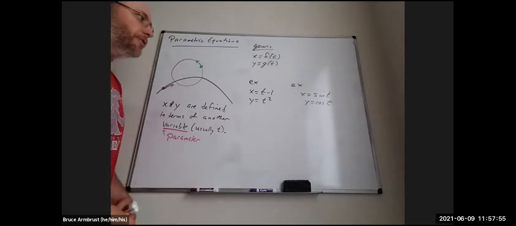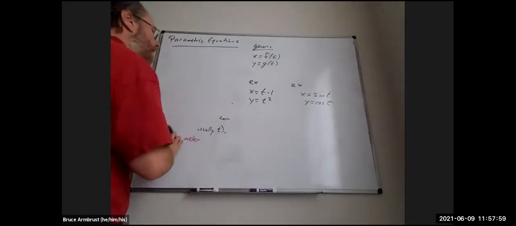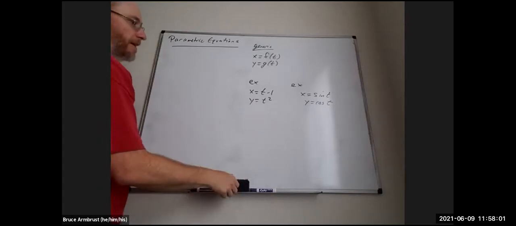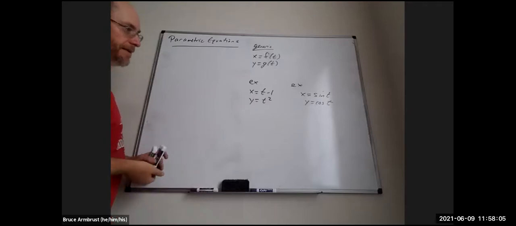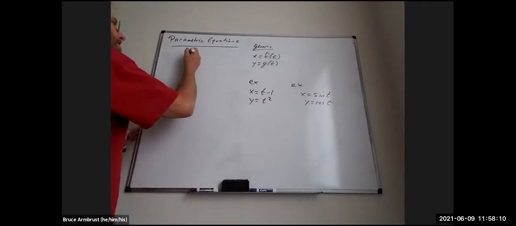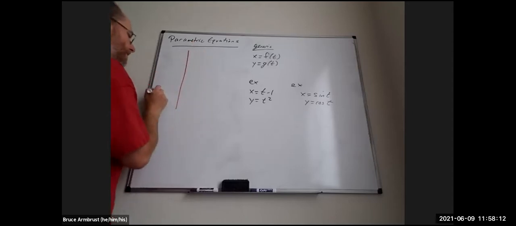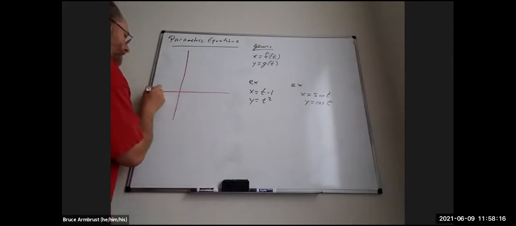Okay, well, let me show you how these work in terms of getting the graphs. So suppose we just want to draw a graph of this first one, where x is equal to t minus 1 and y is equal to t squared. Well, it is going to be a whole bunch of points on our graph here.